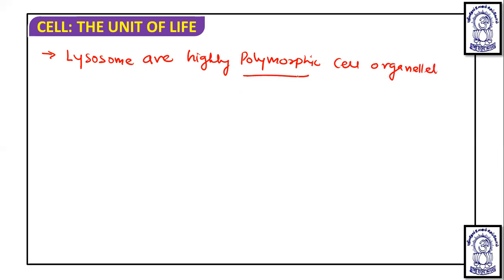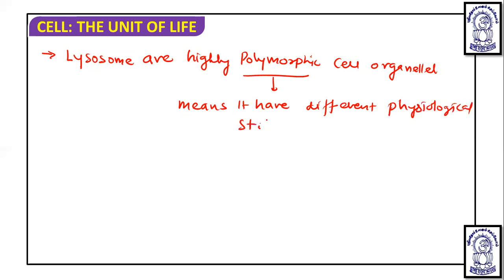So we can say they show polymorphism, and polymorphic means they have different physiological states, or we can say they are of different types. Okay, so this is what about the lysosome. Now we are going to discuss the types of lysosome.